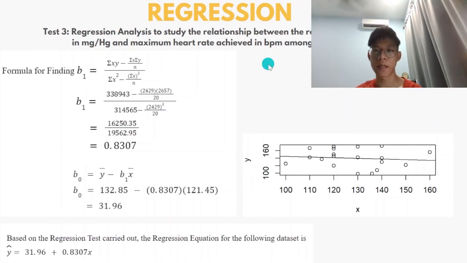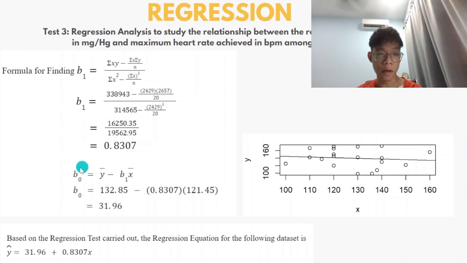First and foremost, we have to find the B0 and B1, and the formula for finding B1 is summation xy minus summation x times summation y over n, divided by summation x squared minus bracket summation x squared divided by n. Hence from B1, we can conclude that the value of it is 0.8307.